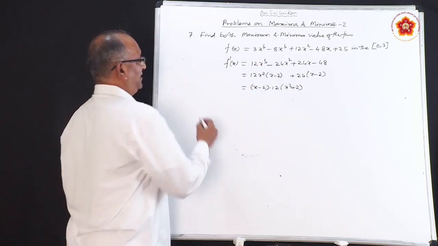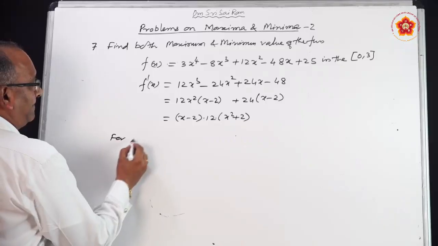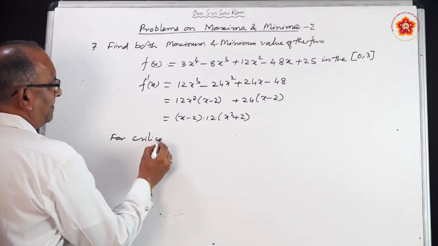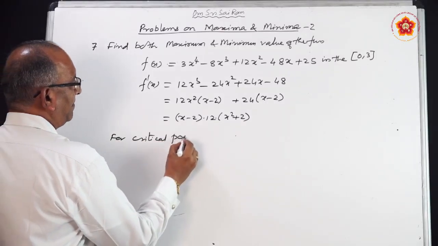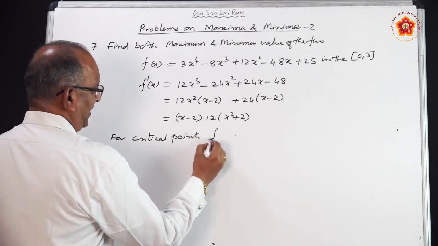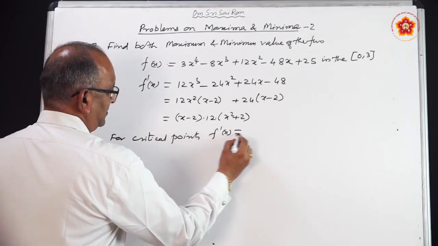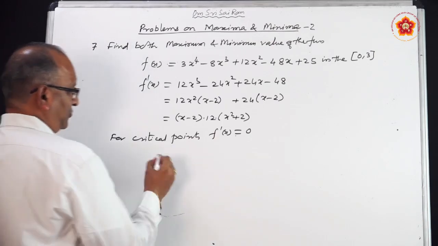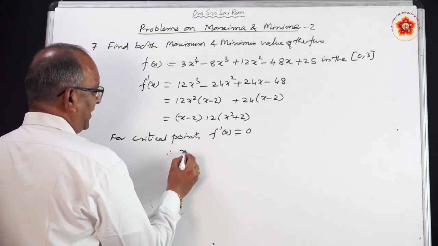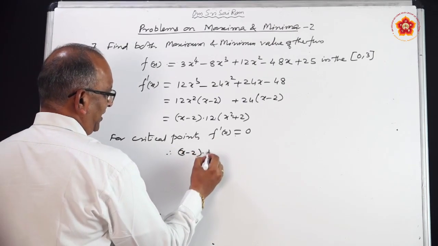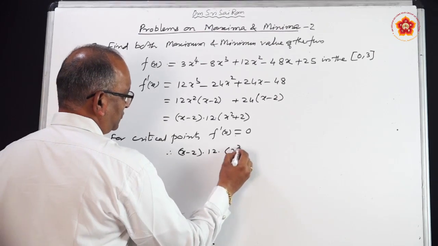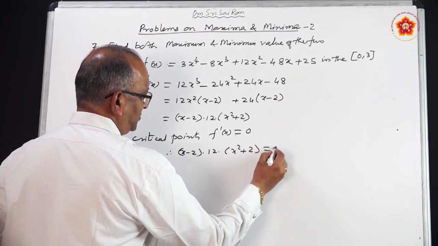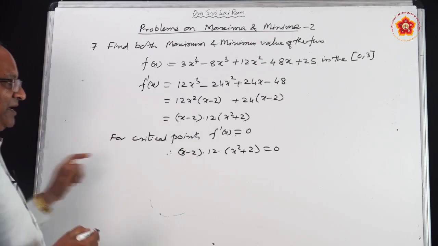For critical points, f dash x equal to 0. So, when you equate (x minus 2) into 12 into (x square plus 2) equal to 0, 12 cannot be equal to 0.